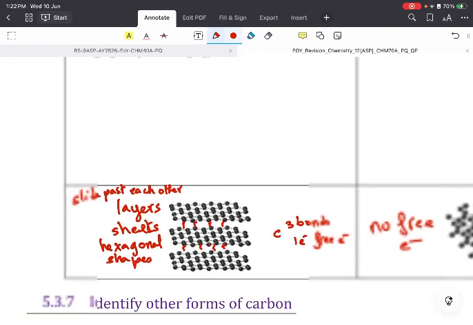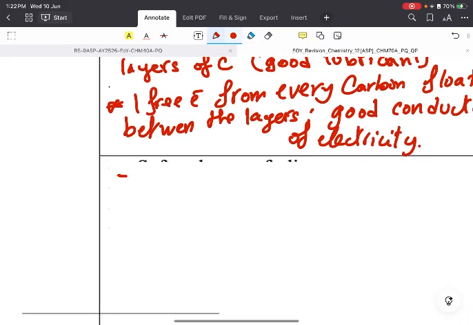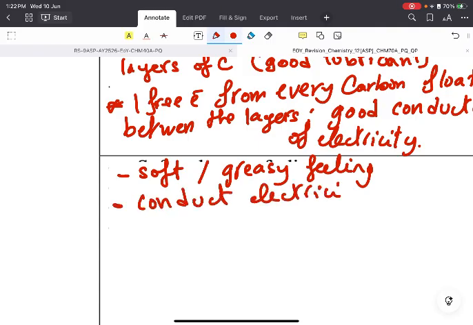It's not very strong. Now, what other things might we know about this one? Graphite is soft and greasy feeling. As I mentioned, it conducts electricity. It reacts with acids and oxidizing agents.